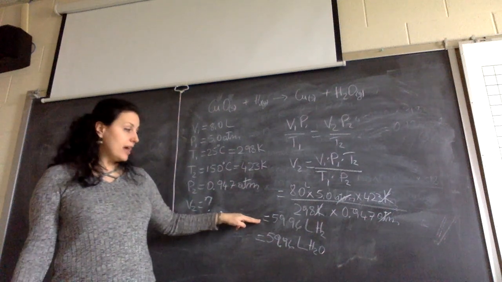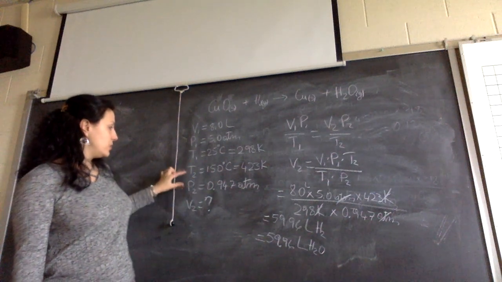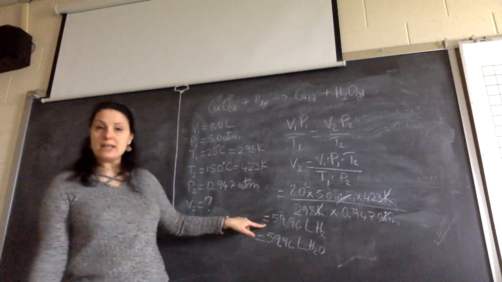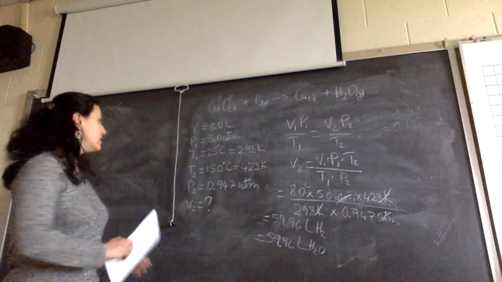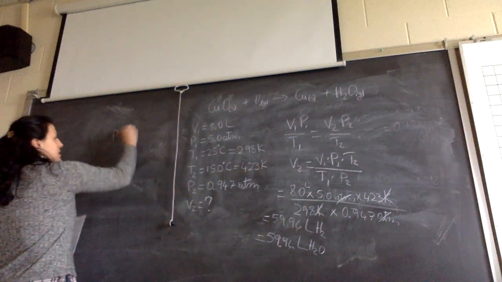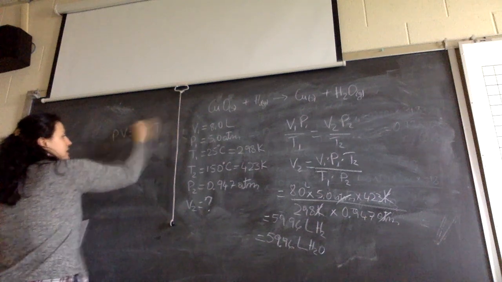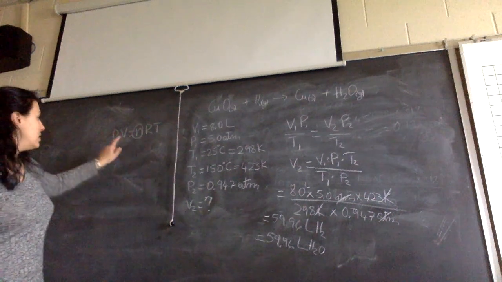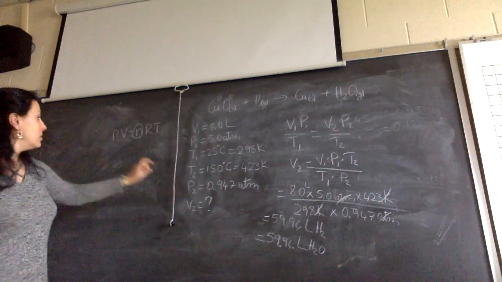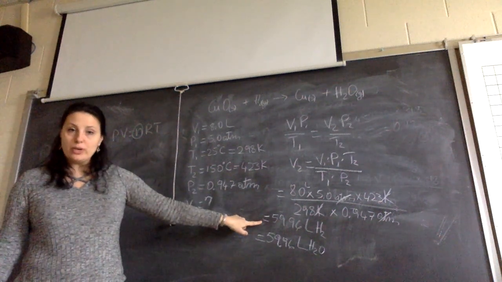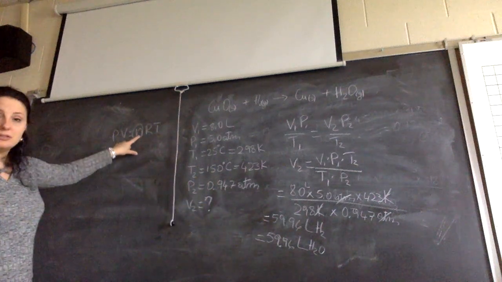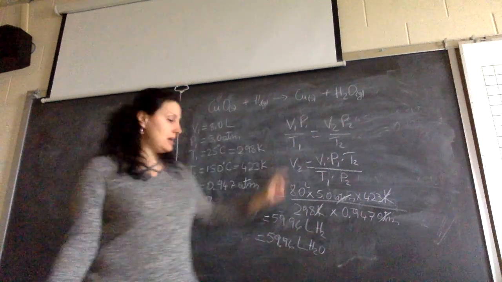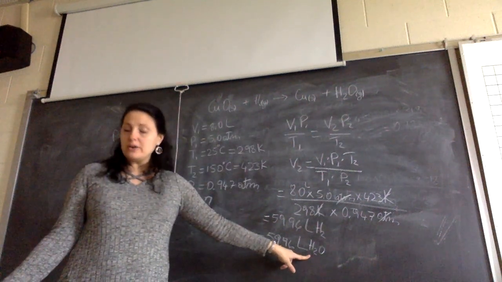Calculate from this volume and P2 and T2 the number of moles of hydrogen gas using PV equals nRT, right? So PV equals nRT, solve for n, you know R, use T2, use P2, and for V use this 59.96, so find n. That is going to be the same number of moles for hydrogen or for water vapor, because it's a 1-to-1 ratio.